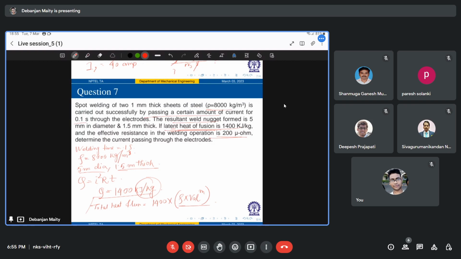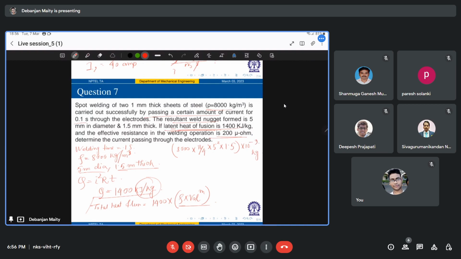Just let me know. So your rho into volume would be how much? This is 8,000 kg per meter cube, into pi by 4 into 5 square into 1.5. This is in millimeter cube, so that should be multiplied with 10 to the power minus 9.